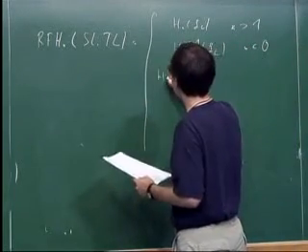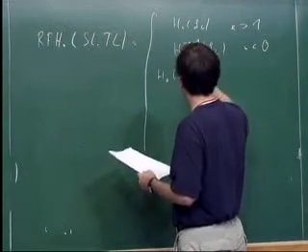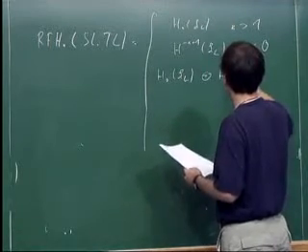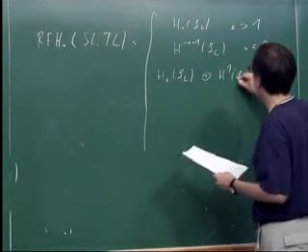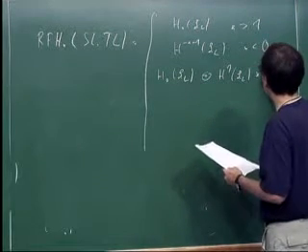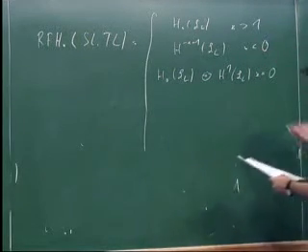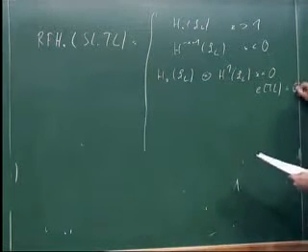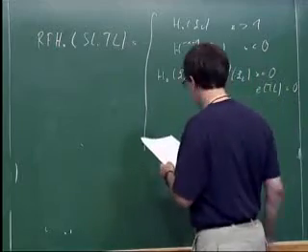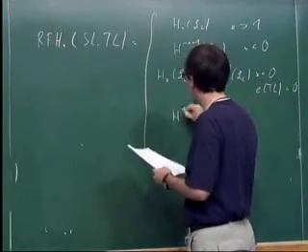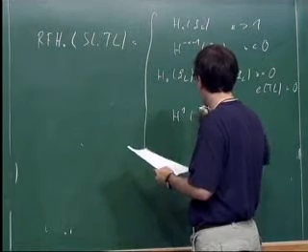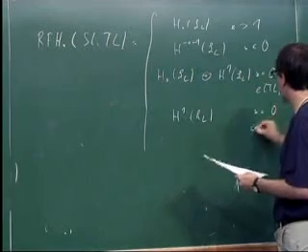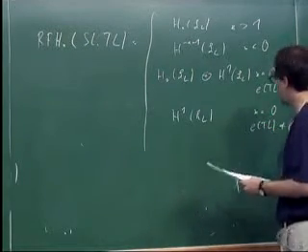It equals H0 of the loop space plus the first cohomology group of the loop space in degree 0 if the Euler class of TL is 0, and if the Euler class is different from 0, it equals H0 of LL.